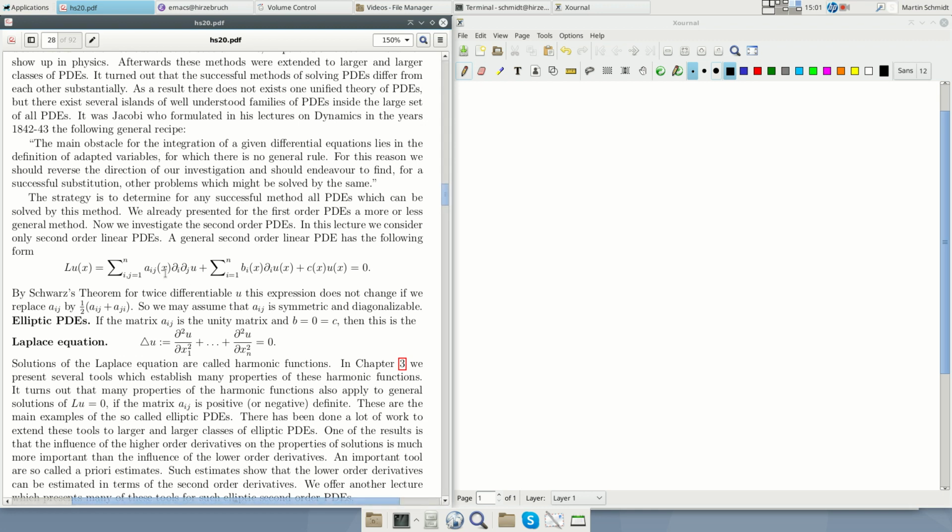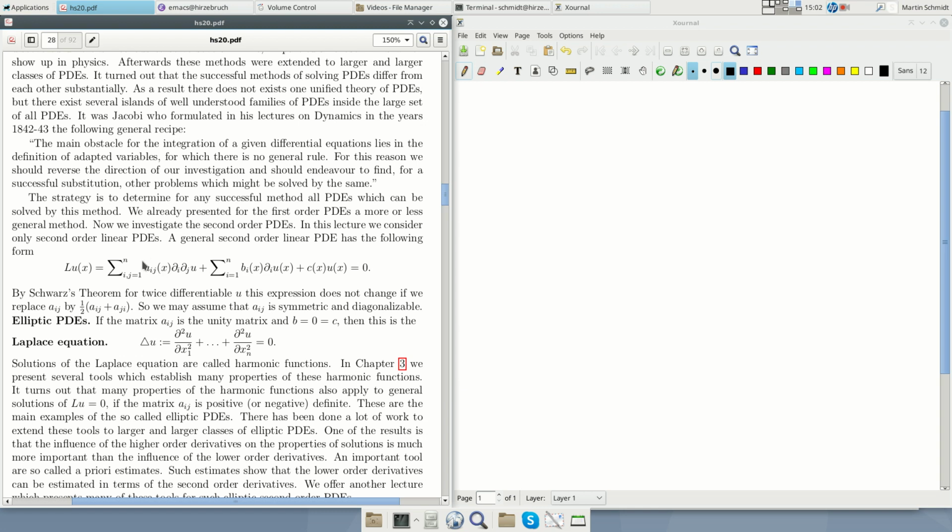And then later it turned out that the lower order derivatives can be controlled in terms of the higher order derivatives. This is done by so-called a priori estimates. And this leads to the class of elliptic PDEs. So elliptic PDEs are linear equations where this matrix is either positive definite or negative definite, of course for all x.